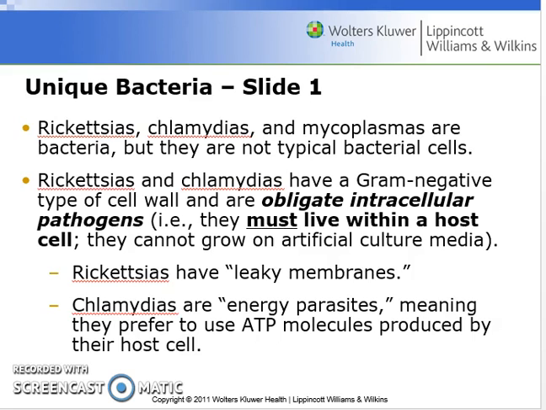And rickettsias have what we refer to as leaky membranes, which means that there's not a lot of structure to them, which is probably why they're obligate intracellular pathogens. And chlamydias are known as energy parasites, which essentially means that they like to use ATP molecules that aren't going to be produced by their cells. They're actually going to be generated by the host cell that they're feeding off of.